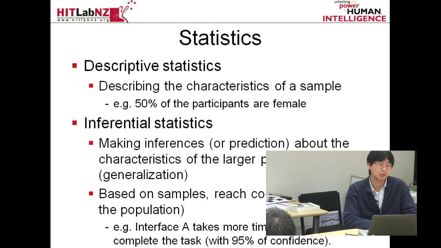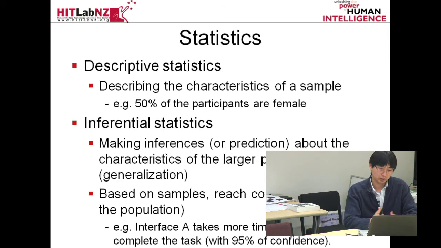So instead of reporting 20 people rated 7, 8, blah, blah, blah, you can summarize it into a couple of numbers that describe how people rated overall, such as average or median or standard deviation and so forth, so that instead of reporting all of the numbers that you collected through the users, you can report those couple of numbers describing what the collected data is. So that's why it's called descriptive.